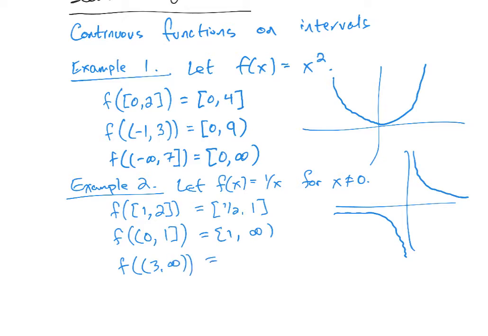If we went 3 to infinity, open at 3, we'd be going 1/3 to, oh. What would we get? 1/3 to 0. Yep, but it would go the other way, right? Or 0 to 1, right? And they both be open, right? Yeah. Both be open.